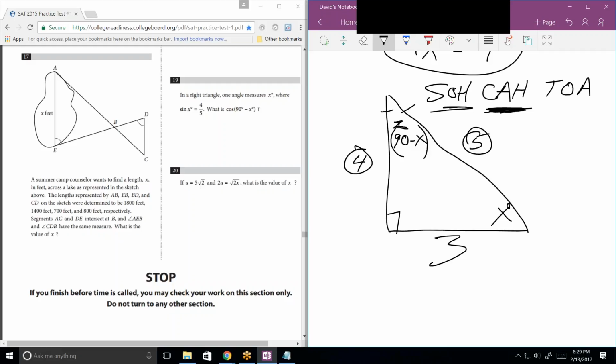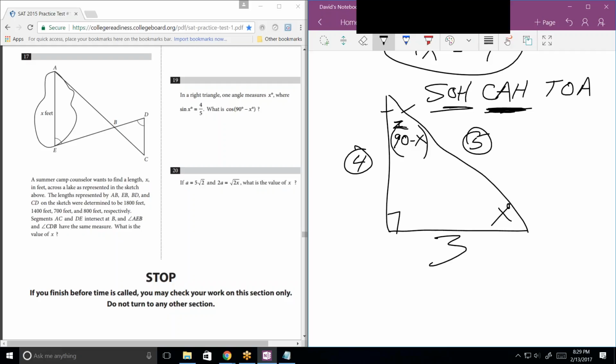So it's 4 over the hypotenuse. So what's the cosine of 90 minus x? Adjacent over the hypotenuse, that's what CAH means.